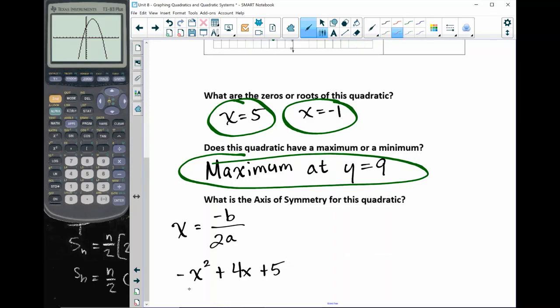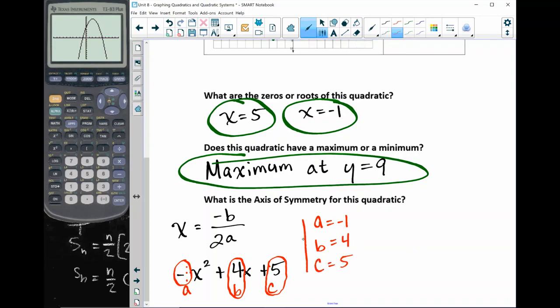So this would be my A, this would be my B, this would be my C. So I have an invisible 1 right there, which means that -1 is my A, 4 is my B, and +5 is my C. So let's write those down. A is -1, B is 4, and C is 5.